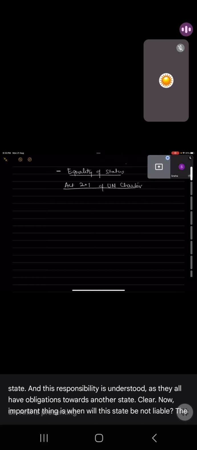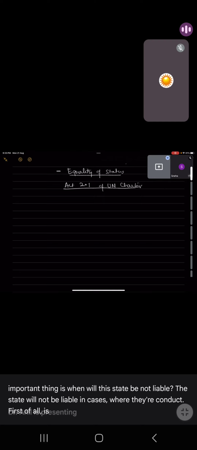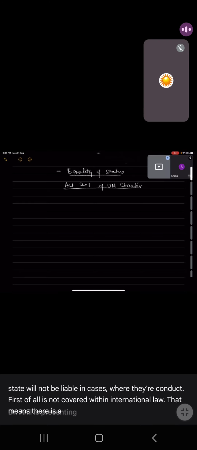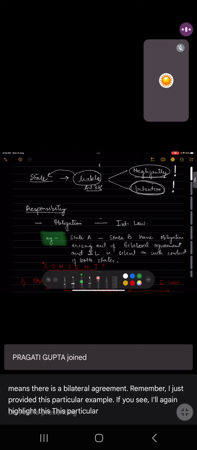Now the important thing is, when will a state not be liable? The state will not be liable in cases where their conduct, first of all, is not covered within international law. That means there is a bilateral agreement. Remember, I just provided this particular example.